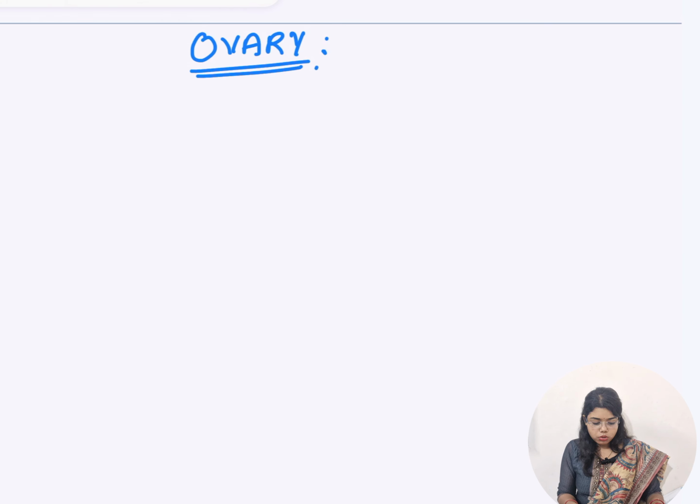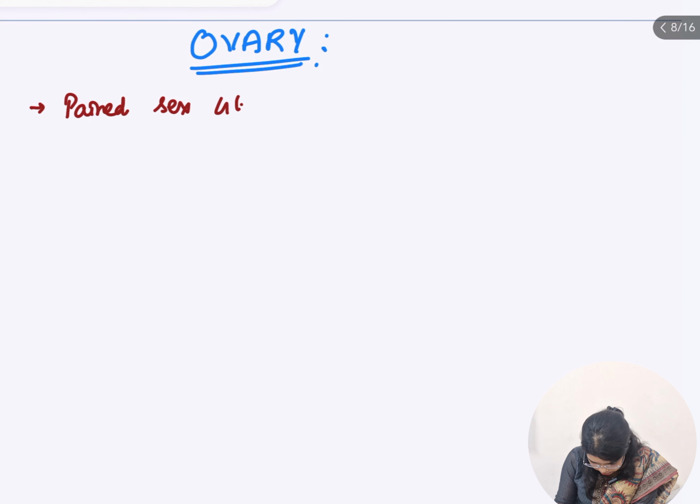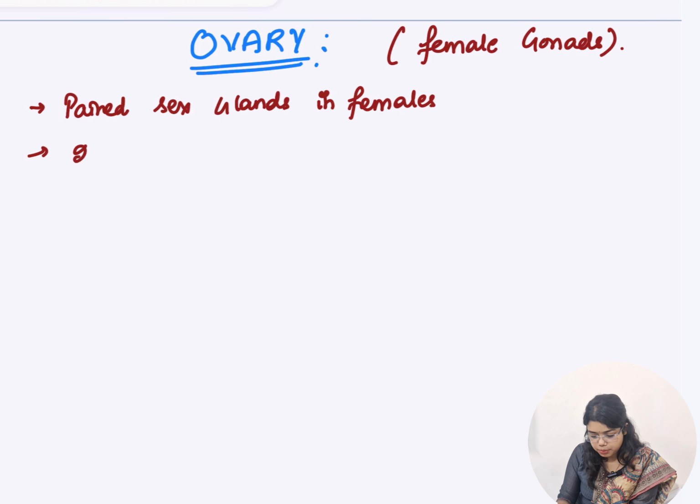There are 2 ovaries, it is a paired sex gland in females, or female gonads. Ovary is the female gonad. It is a paired sex gland in females, also 2 in number.